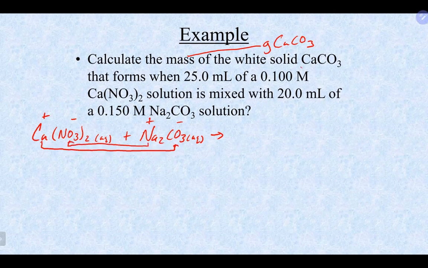We're nice enough to tell us one of the products so we can make sure we get the right formula, because calcium is +2 and carbonate is -2. That gives us calcium carbonate, which is a solid. And then the sodium is +1, the nitrate is -1, so the proper formula here would be sodium nitrate.